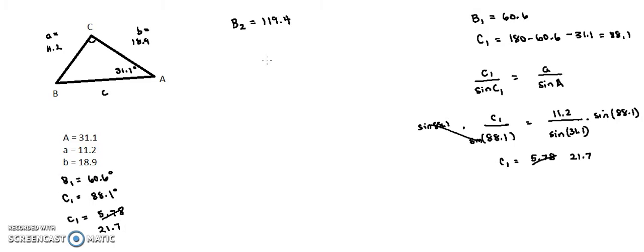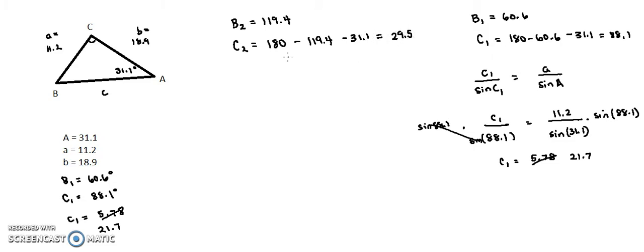You can always back up since this is a video. And we are going to look for C2. That's the missing angle. Now we've got the other two angles of the triangle, so we should be able to find C2. So we do 180 minus 119.4 minus 31.1, and we get 29.5.